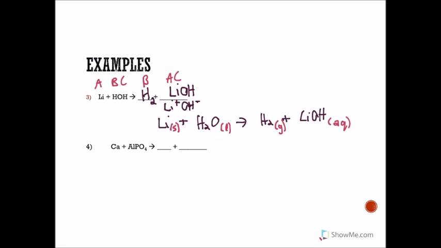So I might need to add a 2 in front of lithium hydroxide, which means I need to do a 2 in front of lithium to get the correct amount of lithiums. I now have 4 hydrogens, so I'll need a 2 in front of our water, and then we should be balanced.